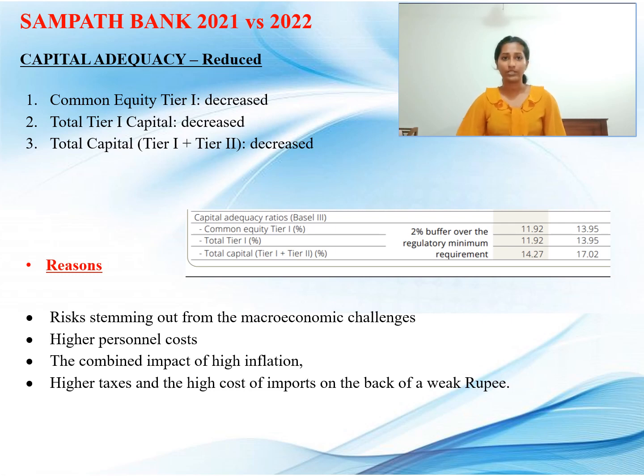If these ratios fall below regulatory requirements, it may trigger capital adequacy issues because it's very close to the minimum requirements. Reasons for the reducing capital adequacy ratio are higher personnel costs, the combined impact of high inflation, higher taxes, and the high cost of imports on the back of a weak rupee.